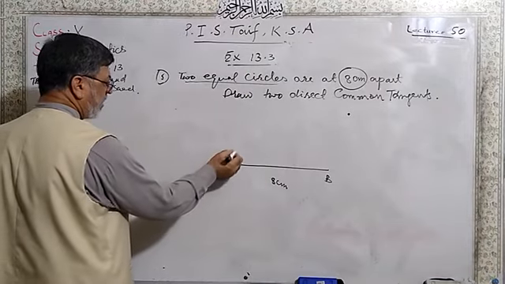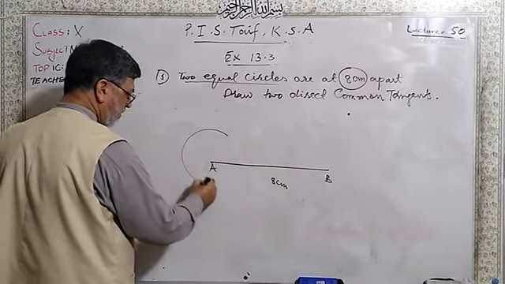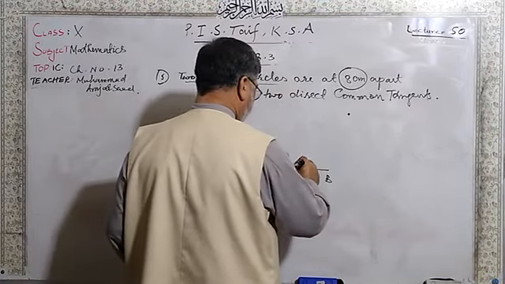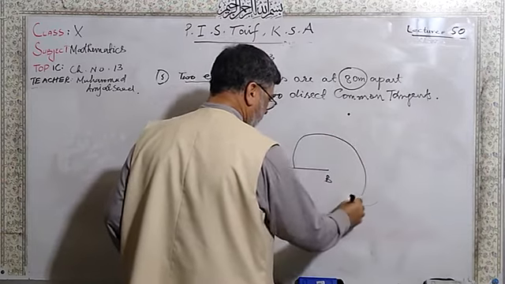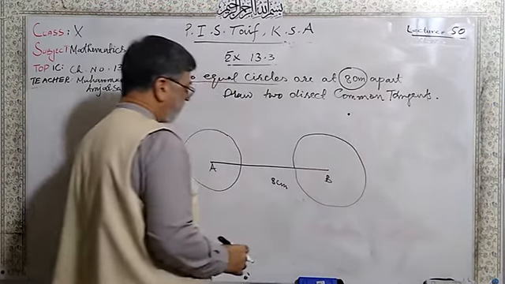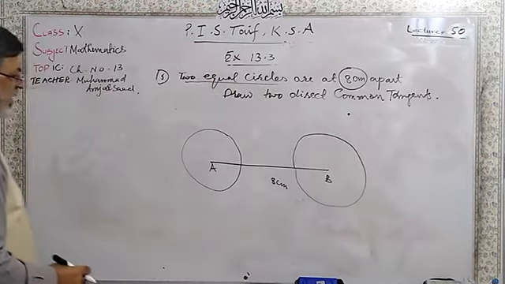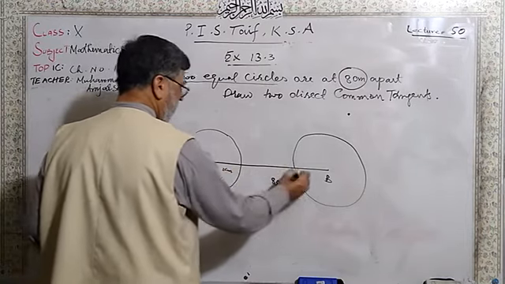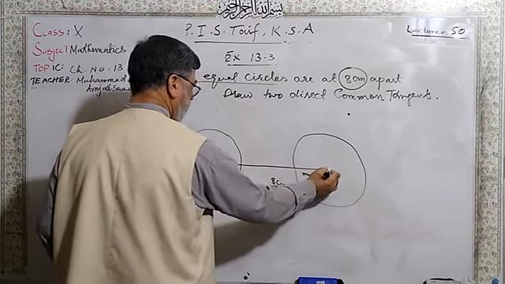Taking A as center, draw one circle. And taking B as center, draw the other circle. This is also 2 centimeter. Here the radius is 2 centimeter.